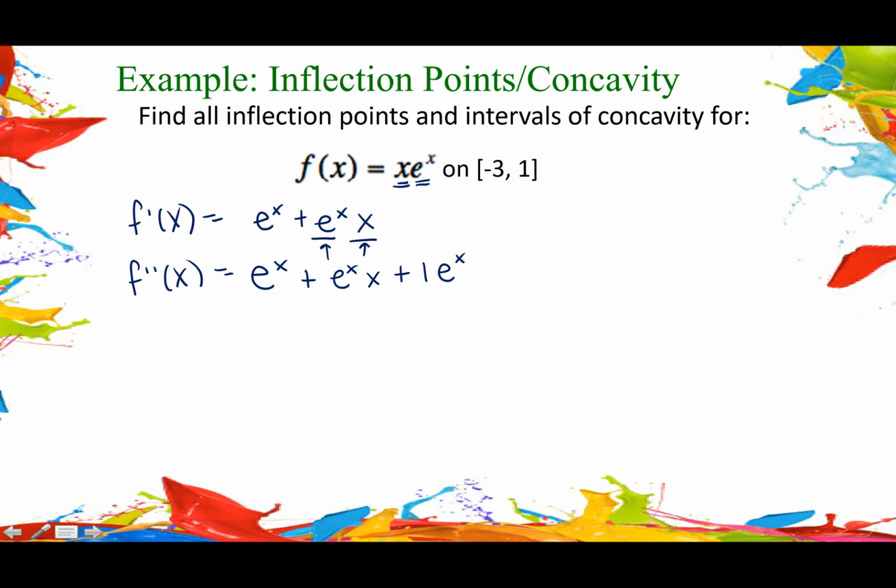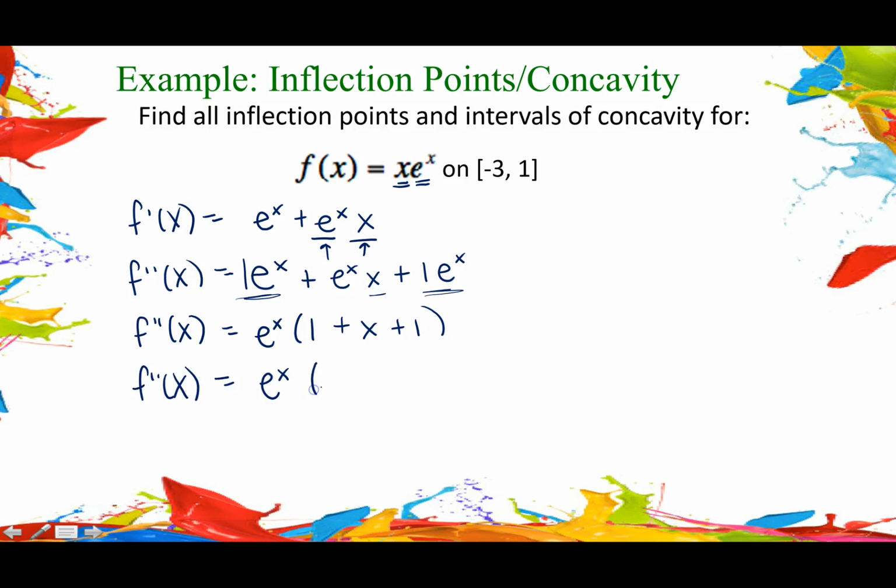All right, let's go ahead and pull out an e to the x. Pulling out an e to the x will give me a 1 plus x plus 1. You can think of this as a 1 right here. So 1 and the 1 come from there, and then you've got your extra x there. Okay, let's simplify that. This is going to be e to the x times x plus 2.